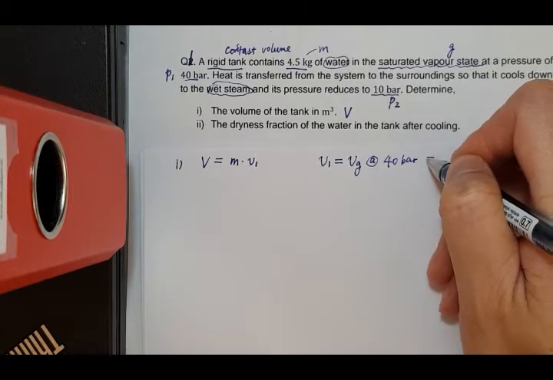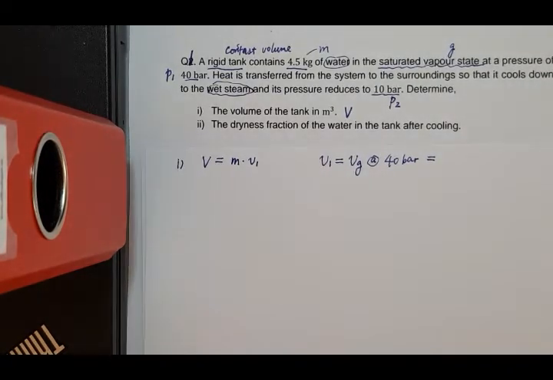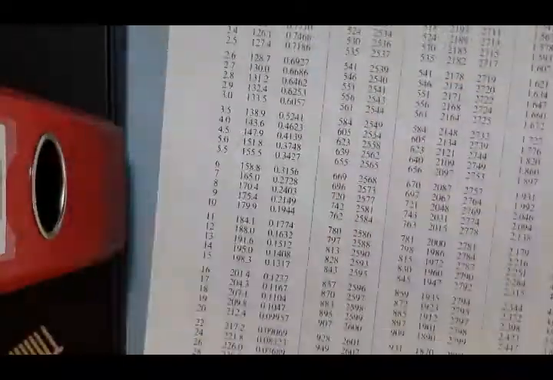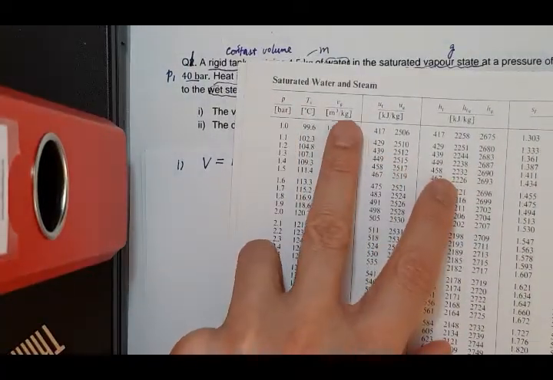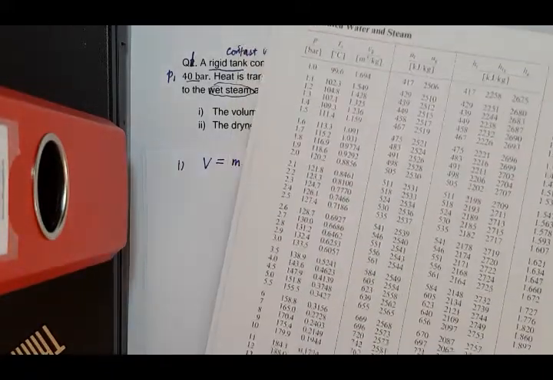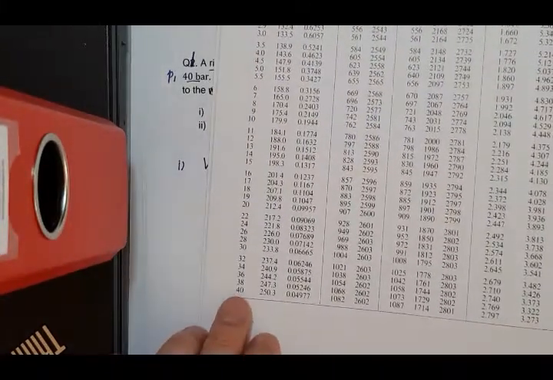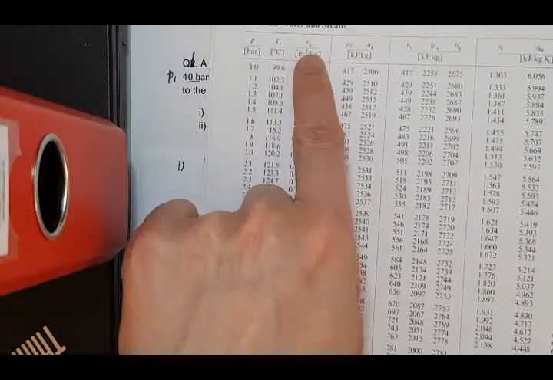Now we know the pressure and we can use the steam table. So we're going to use the saturated water and steam table, where this is the pressure. Now we find the 40 bar. We know the third column is called vg.